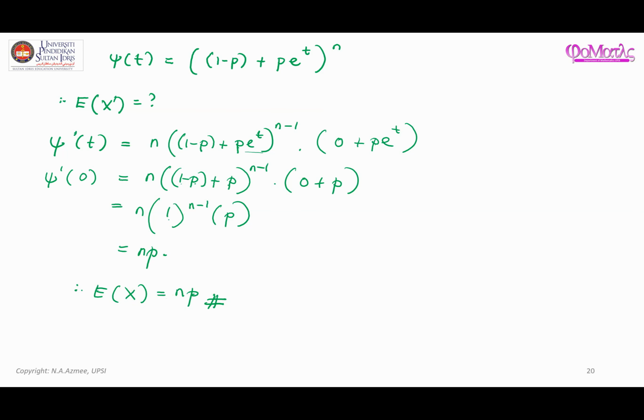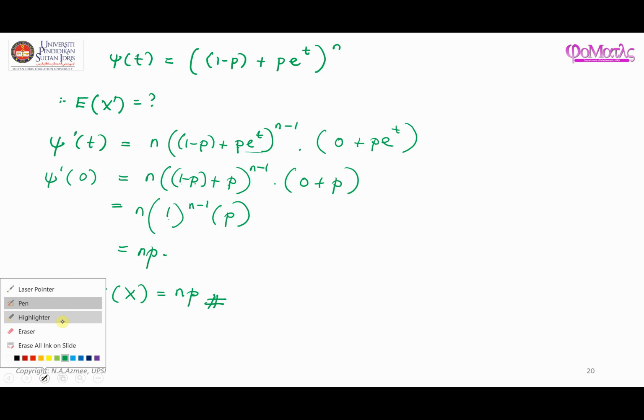So that's the step of using the MGF to generate whatever moments about the origin we need to find. Let's look at the next part, which is to find the variance.